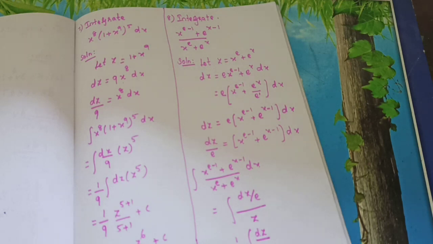So the second term is e power x divided by e power 1. If you change this e power 1 to the numerator, it becomes e power x minus 1. Afterwards, if you take e to this side, we can substitute for the numerator as dz by e. Have you got it? Very easy. Okay students, let's move to the next question.